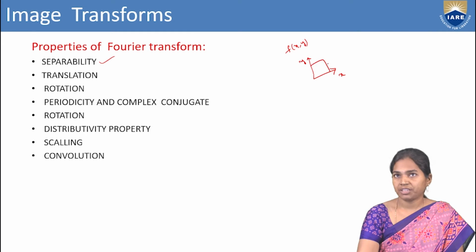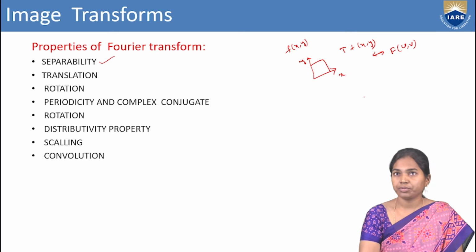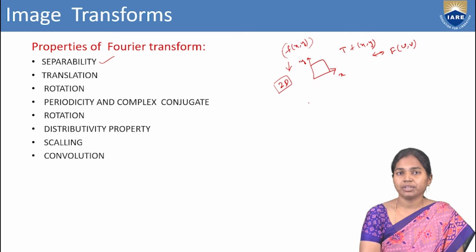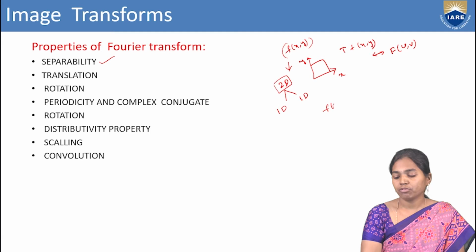If we apply the transformation function on this image, the resultant is F of u comma v. In the separable property, the 2D transform can be divided into two 1D transforms.